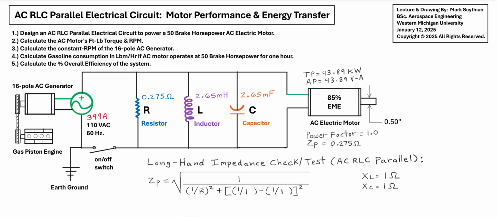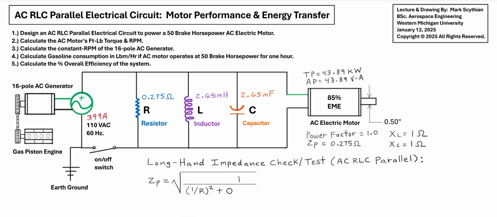Now we can substitute the inductive reactance and capacitive reactance values into the impedance equation. Upon finding their difference in the reactive value of total reactance, we get 0 squared, or 0.